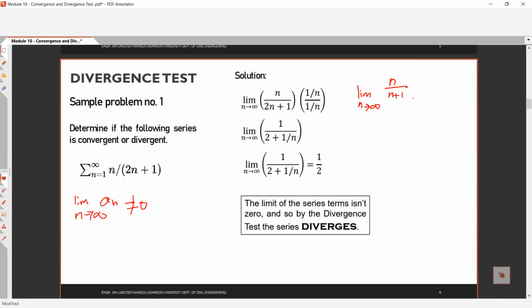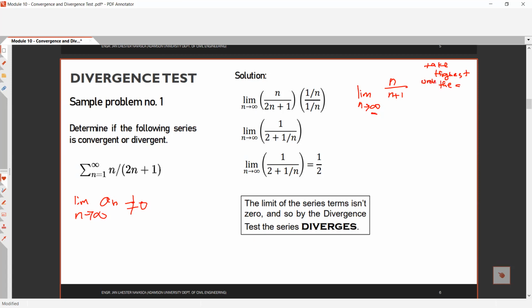To simplify this, para ma-substitute natin yung infinity dito. Kasi kapag sinubstitute natin siya right away, infinity over infinity plus 1, so mangyayari dyan, infinity over infinity. Wala kang makaka-come up na solution. So the solution will be to take the highest order of the function, the highest order of the series.